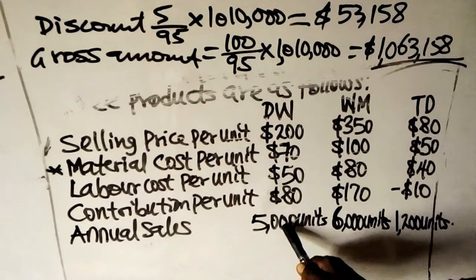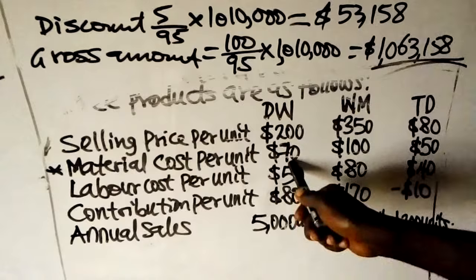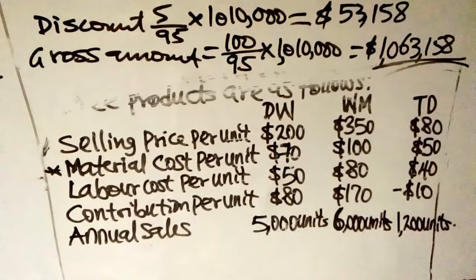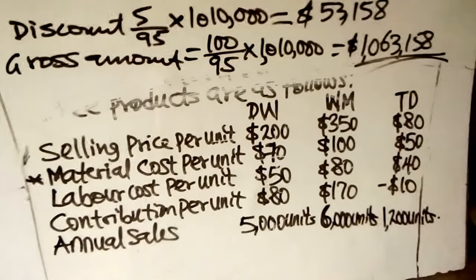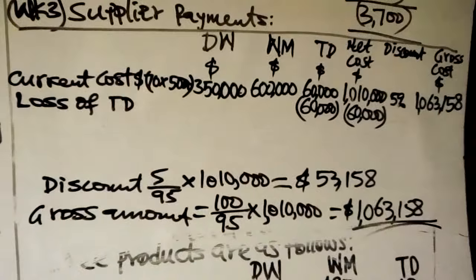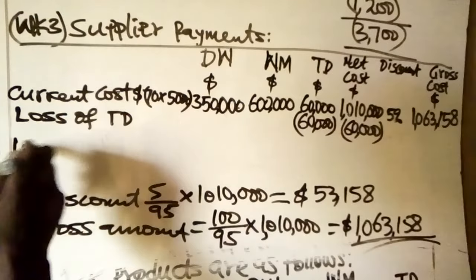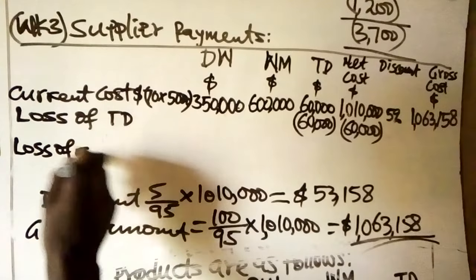That will give us 250. 250 times 70 means 17,500 will be lost on DW. So now let me put loss of related sales.